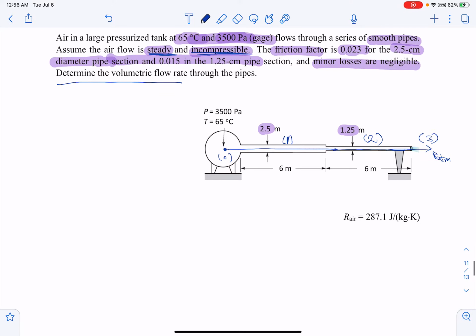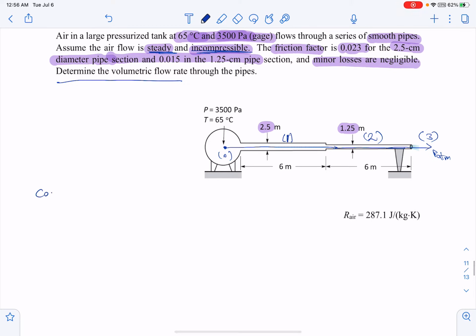Now let's see what velocities we have. For conservation of mass from 1 to 2, we have V1 A1 equal to V2 A2.